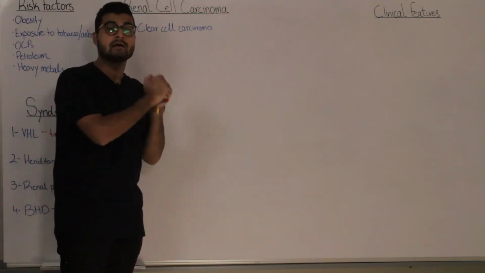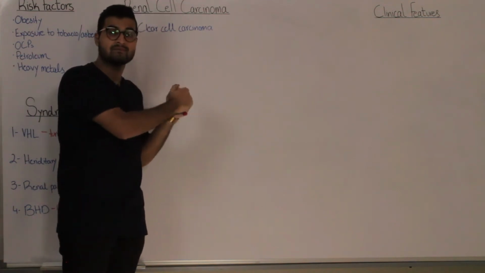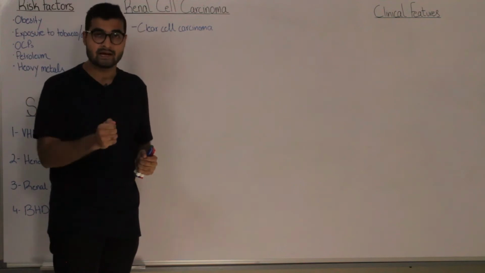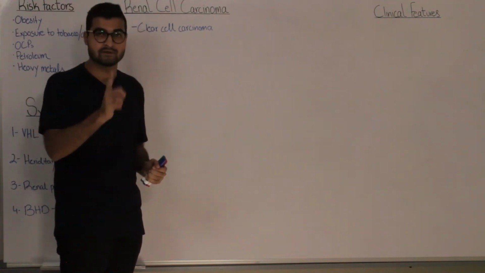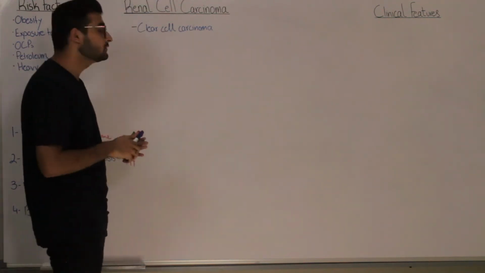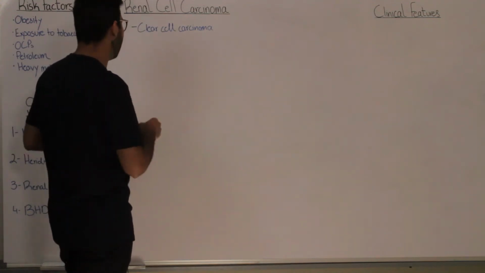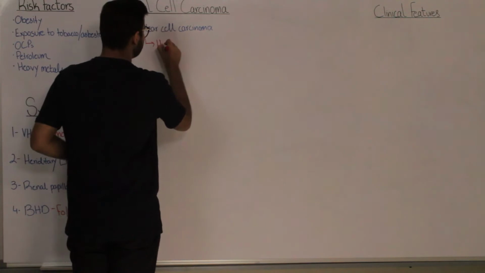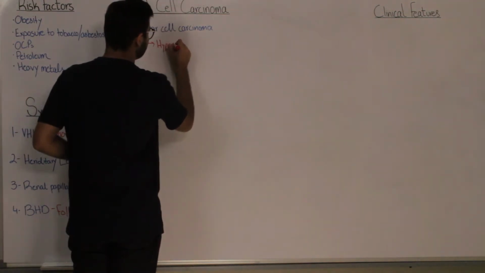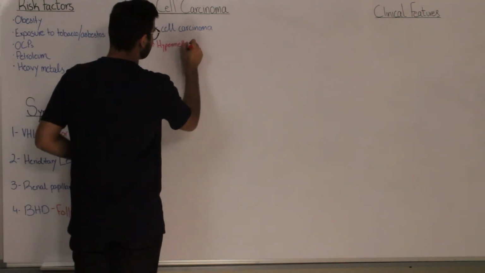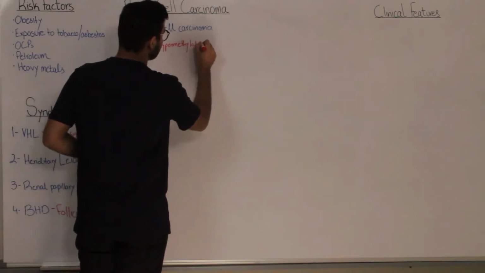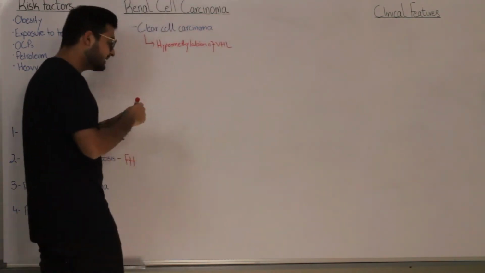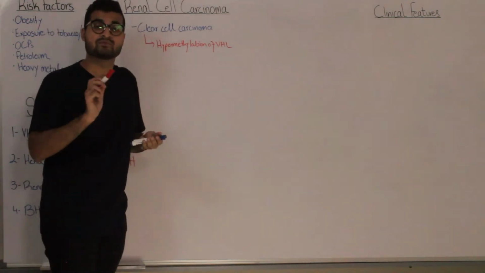Due to hypermethylation of that one copy, it would lead to inactivation, and then you would have renal cell carcinoma. Keep in mind that there will be hypermethylation of that one VHL gene. And like I said, VHL is present on chromosome number 3.